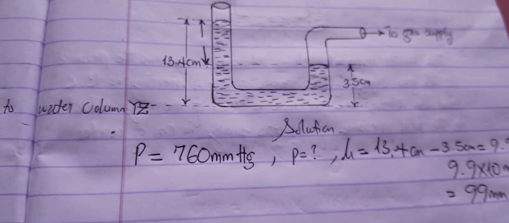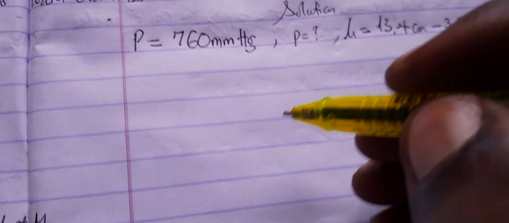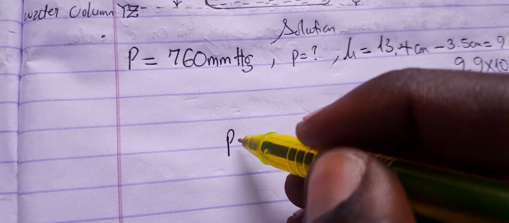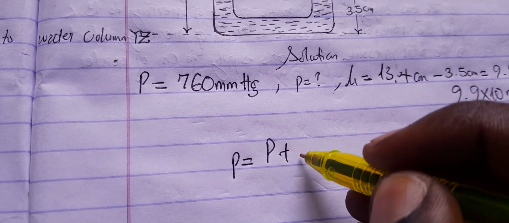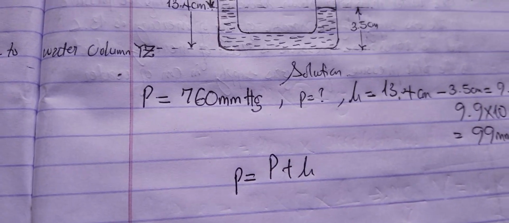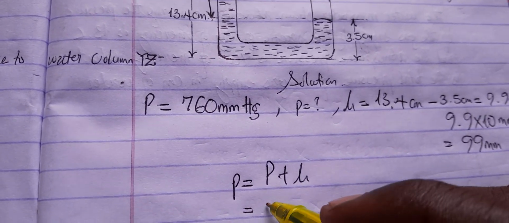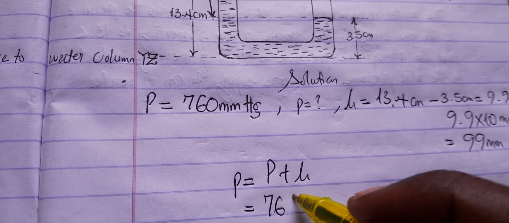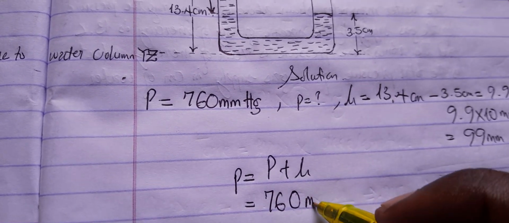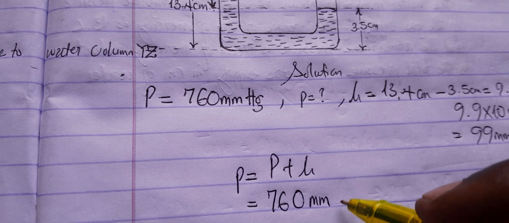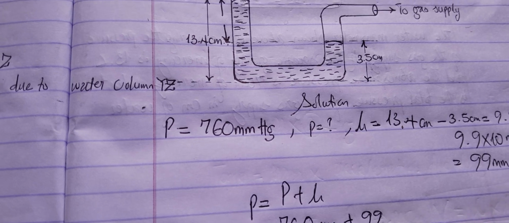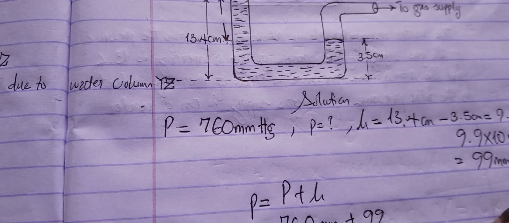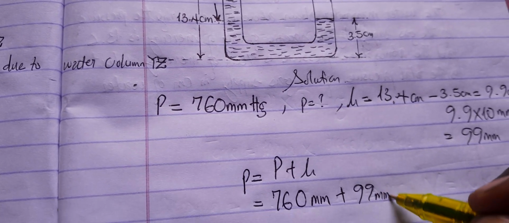The next thing, I can just go straight and put in my formula, which says gas pressure equals the atmospheric pressure plus the height. So the atmospheric pressure is 760 millimeter of mercury plus the pressure due to the mercury column, 99 millimeter.